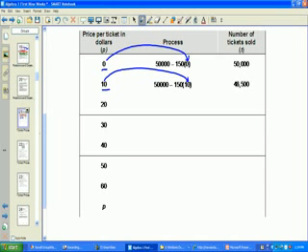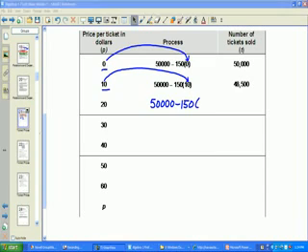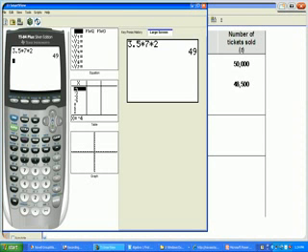So what's the next number we're gonna plug in? 20. So we're gonna do 50,000 minus 150 times 20. We're not gonna multiply by 10 this time. We're gonna multiply by 20.